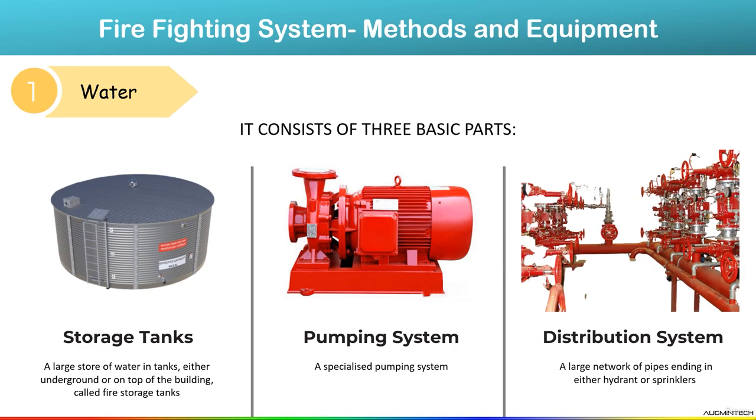The distribution system consists of steel or galvanized steel pipes that are painted red. These can be welded together to make secure joints or attached with special clamps. When running underground, they are wrapped with a special coating that prevents corrosion and protects the pipe.